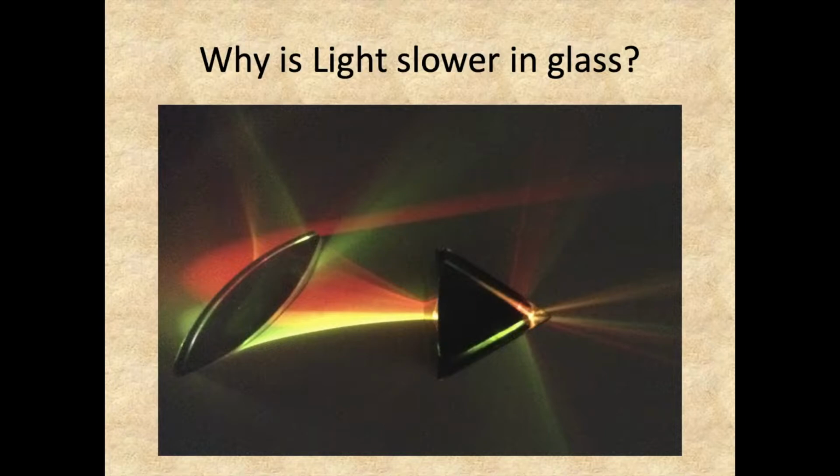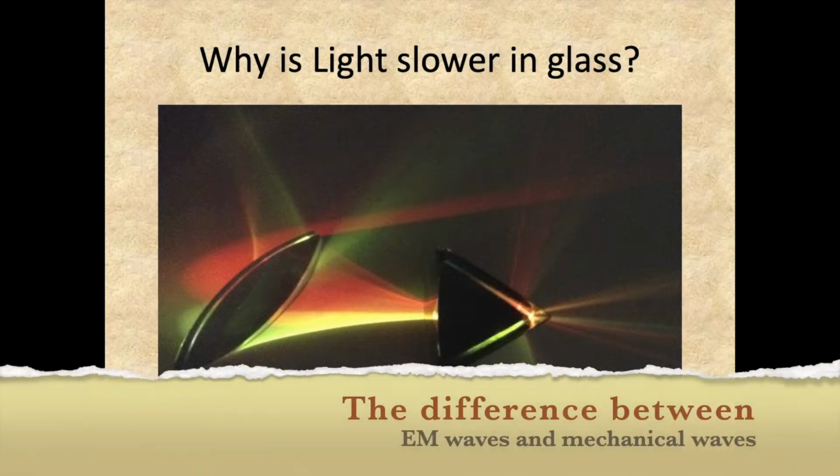Remember that light is a transverse wave, but it's also an electromagnetic wave, which means it doesn't need a medium with particles to move or oscillate to transfer the energy. So light travels without the need for a medium, but it can travel inside a medium like air, like glass.